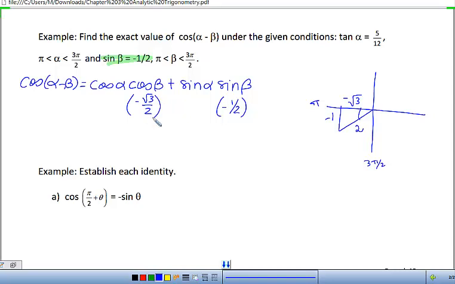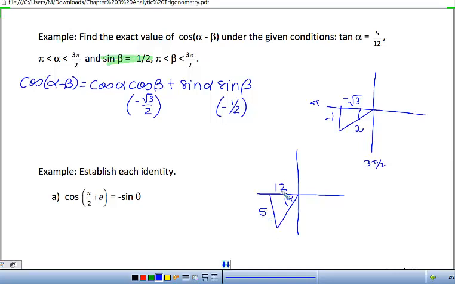All right, now for alpha, we were given information about tangent, but we'll go on and draw a triangle based on that information. Alpha was also in quadrant 3. The picture's not to scale, so don't worry about that part. But we've got opposite over adjacent.